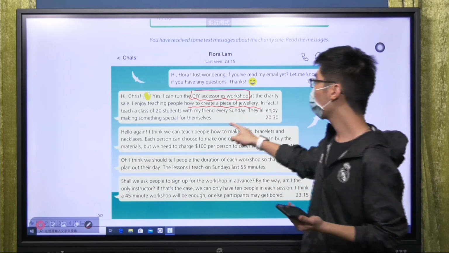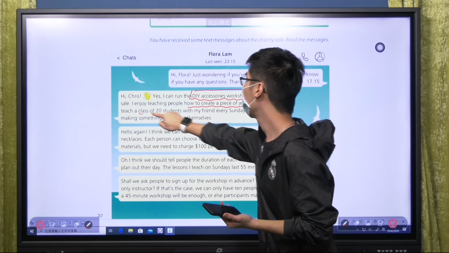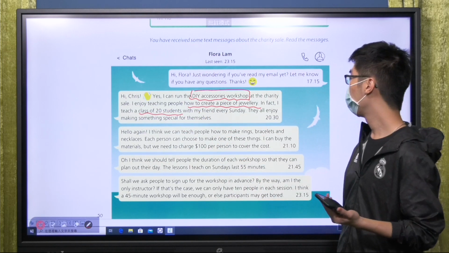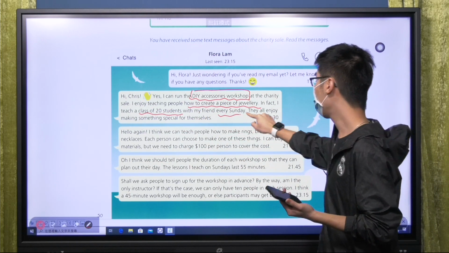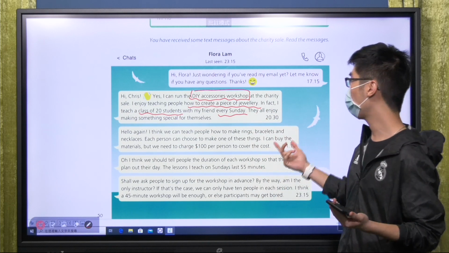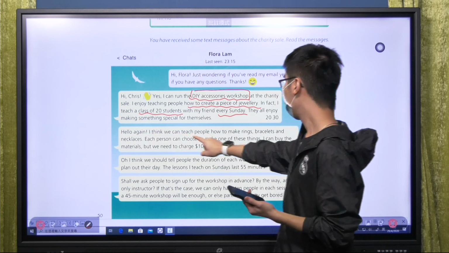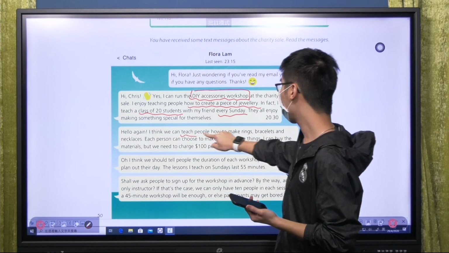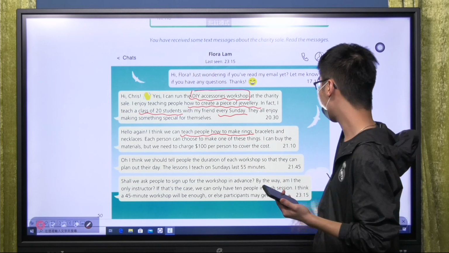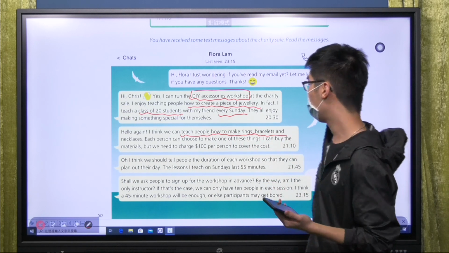So the class size is what? Among 20 students, every Sunday, it may be useful for your later part. So she teaches people how to make rings, bracelets, and then necklaces.